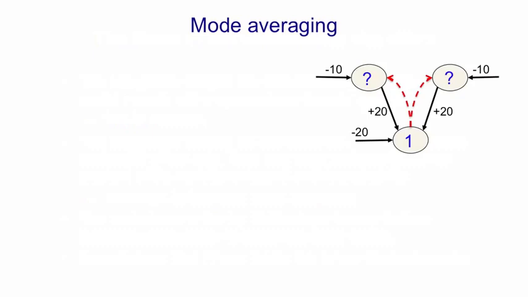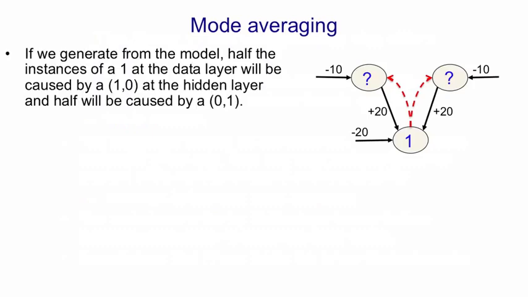So now let me explain mode averaging using the little model with the earthquake and the truck that we saw before. Suppose we run the sleep phase and we generate data from this model. Most of the time, those top two units will be off because they're very unlikely to turn on under their prior. And because they're off, the visible unit will be firmly off because of its bias of -20.